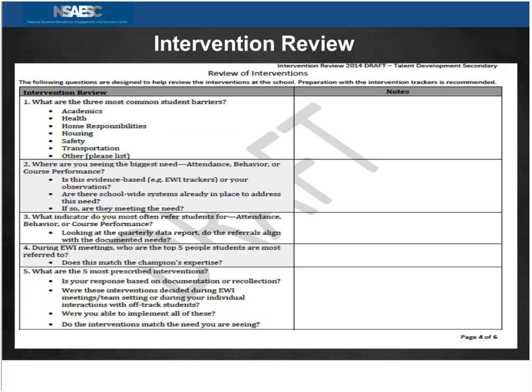You may not have to ask each one of the questions in each block, but this gives you an idea, because what we want to do is start the dialogue when we have those graphs and charts in front of us, and when we have that intervention review data. We want people to be thinking along these lines, which is why we provide these examples of questions to start that conversation and thought points.